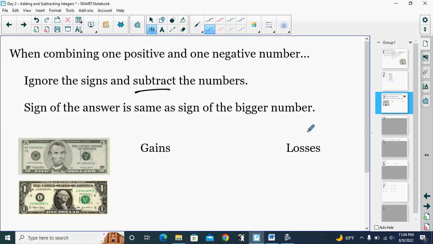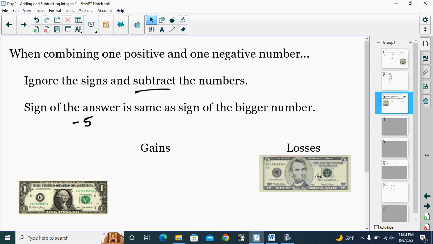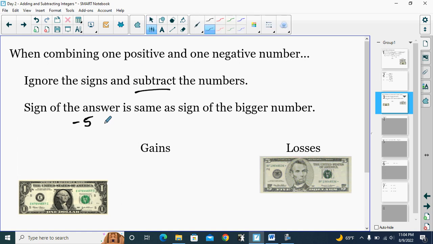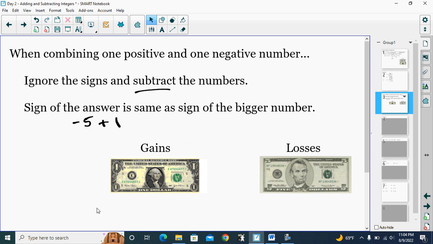And let's think through the money example again here. Let's suppose that we lose $5. Negative 5. You lost $5. There's a $5 loss. But then you gain $1. You get $1 back. Because you gained 1, it's a positive 1. So because one's a gain and one's a loss, we're not just going to add them up and say 5 plus 1, because they're not the same thing.